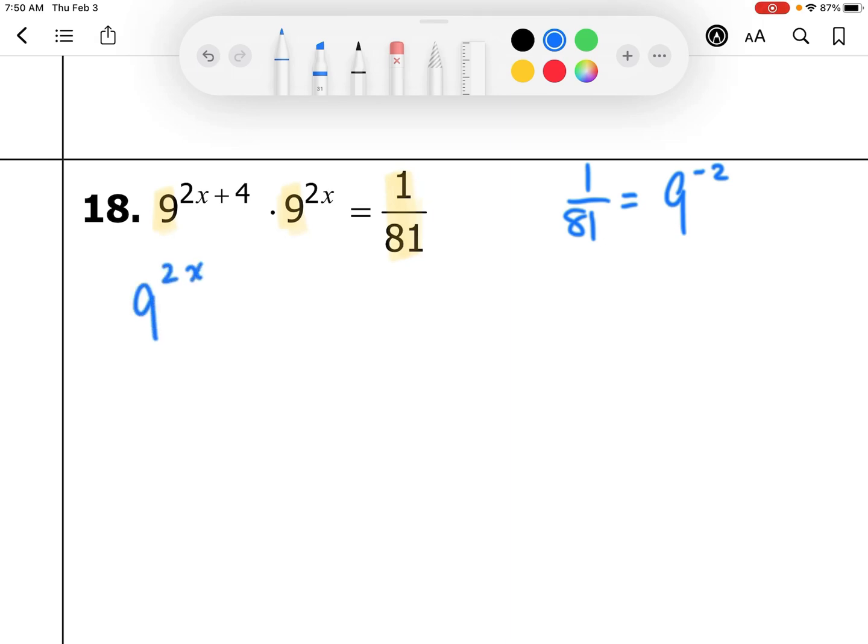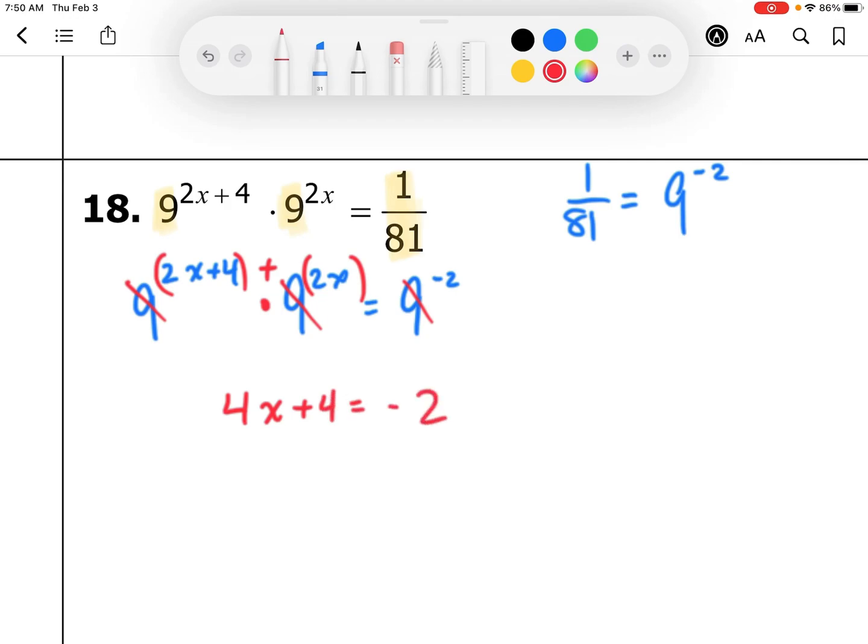Rewriting everything looks like this. We can cancel out our bases, but remember, when they're being multiplied together, we're going to have to add our exponents here. So we have 4x plus 4 equals negative 2. And then subtracting 4, x is going to equal negative 3 halves.